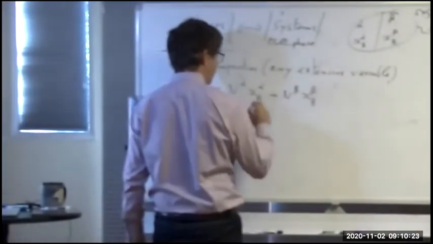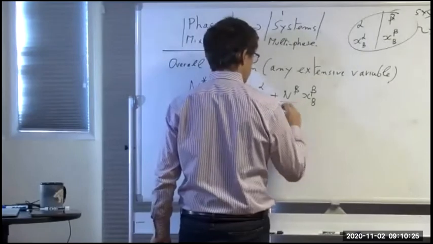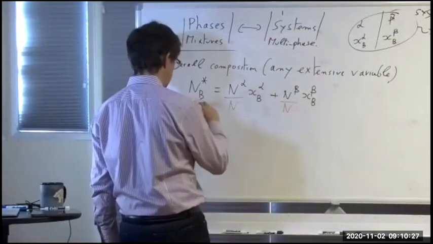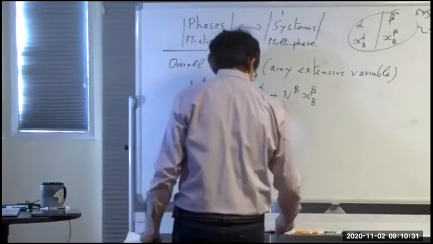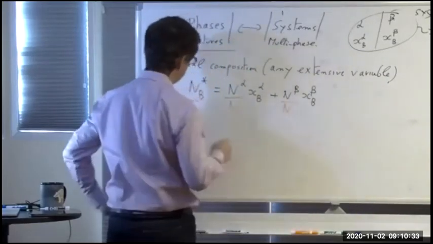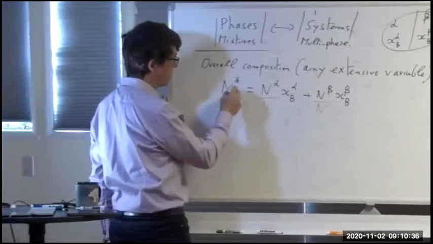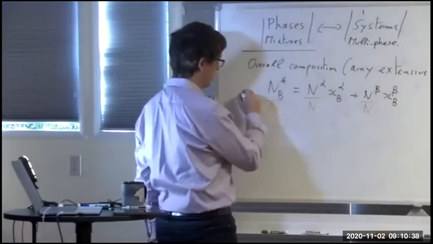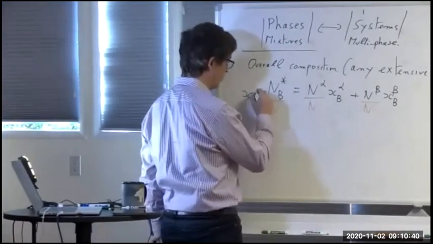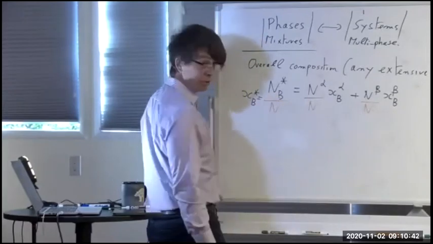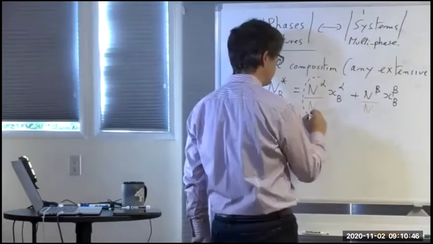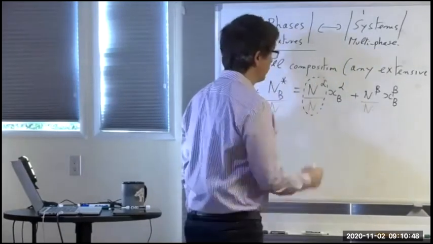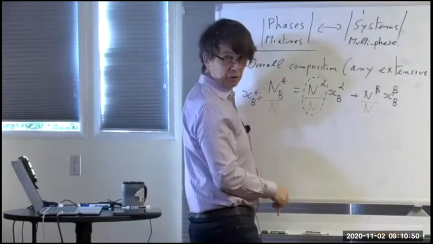And I can normalize this by n total, the total number of moles. Then, of course, this here is the total number of B moles in the system divided by the total number of moles. So this is the composition of B in the system, right? The overall composition of B. And what is this here? This is the number of moles in alpha divided by the total number of moles in the system.